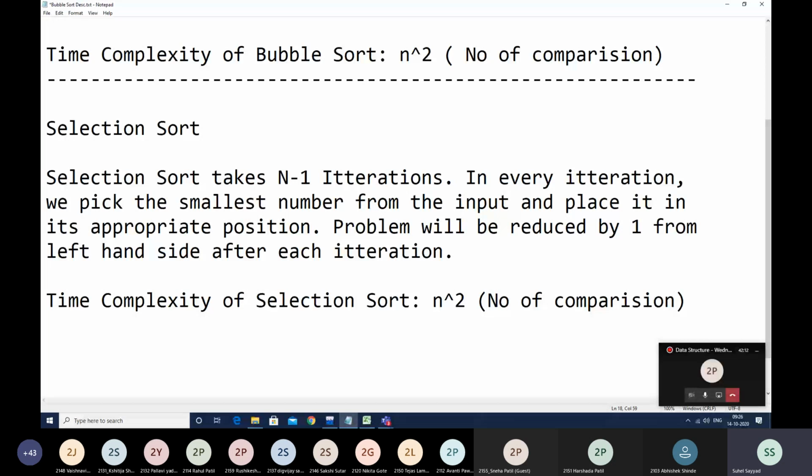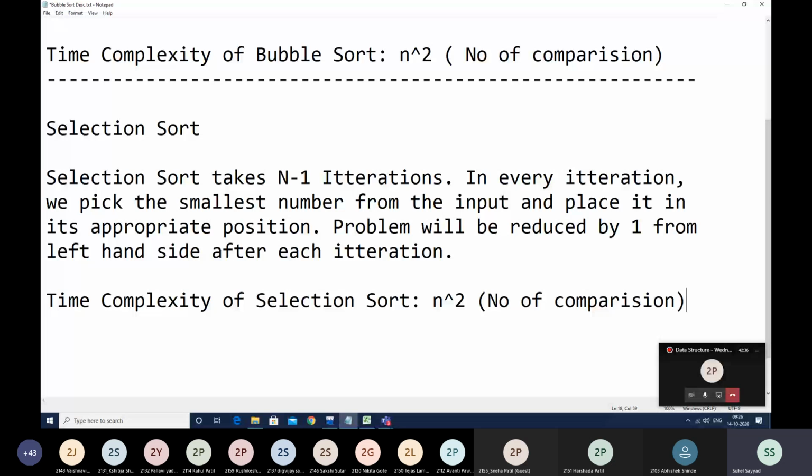The only thing is bubble sort works on largest numbers and selection sort works on smallest numbers. So with respect to number of comparisons, both give an upper bound of n square.